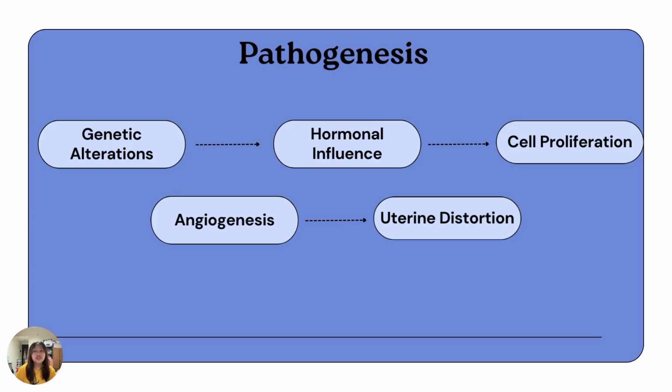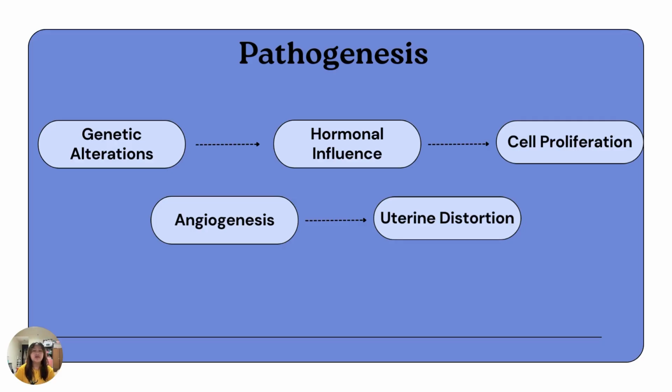The MED12 gene mutations, found in about 70% of cases, play a major role by disrupting normal cell signaling and growth regulation. And these mutations make certain smooth muscle cells in the uterus more prone to uncontrolled growth.